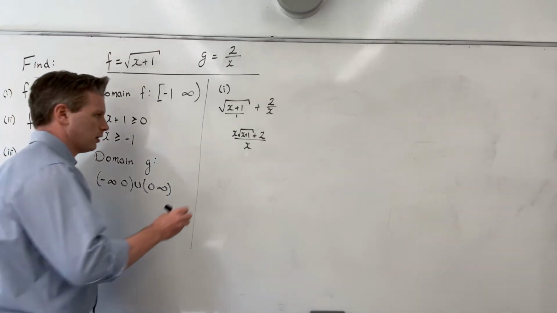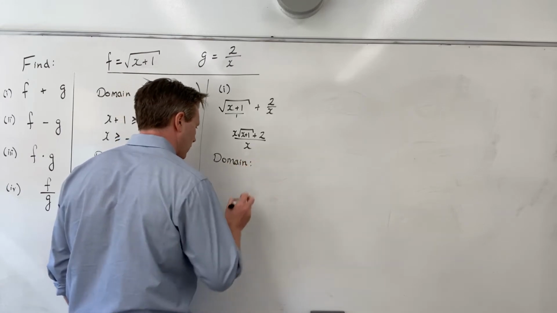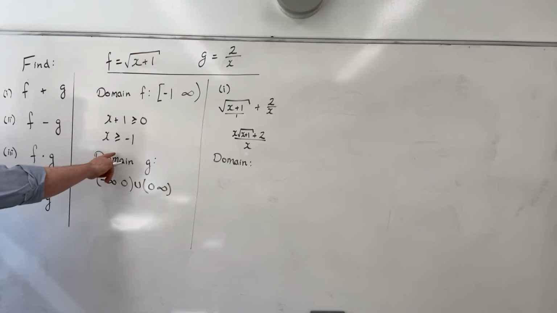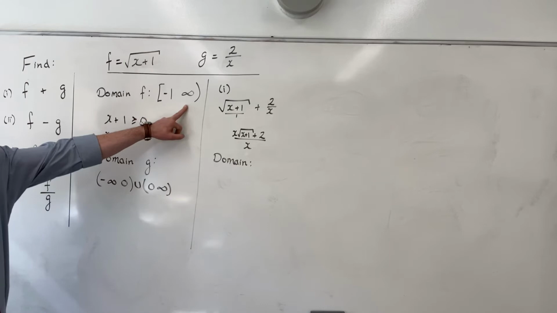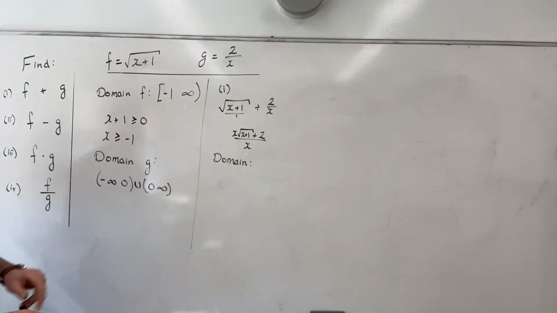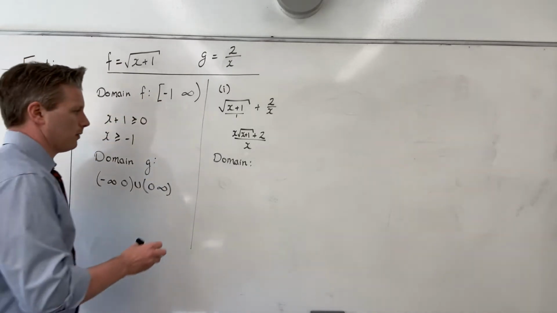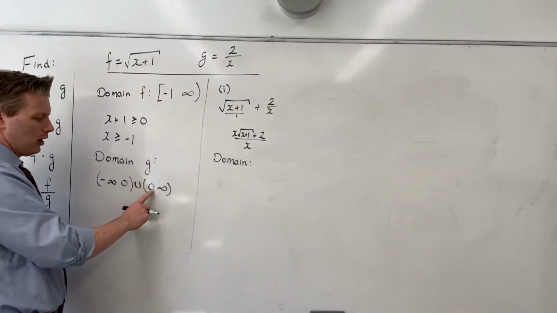The domain is the domain of the two original functions, f and g. So we know that the domain of f is minus 1 through infinity, including minus 1. The domain of g is all real numbers other than 0, and so if I combine those, the domain of f plus g will be minus 1 through infinity other than 0.